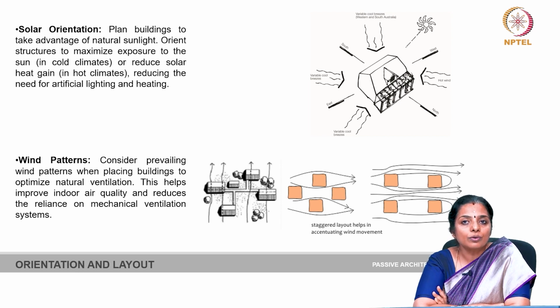We should also reduce the reliance on mechanical ventilation systems. Therefore, we must consider prevailing wind patterns when placing buildings to optimize natural ventilation. This helps improve indoor air quality and reduces the reliance on mechanical ventilation systems.